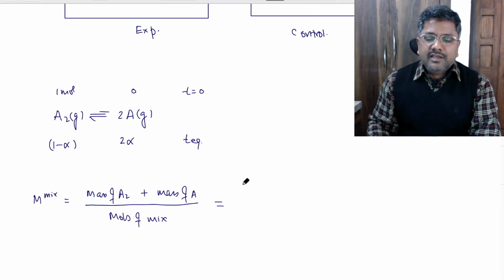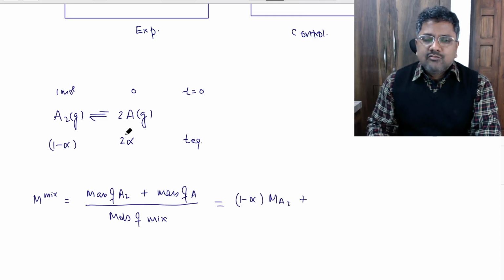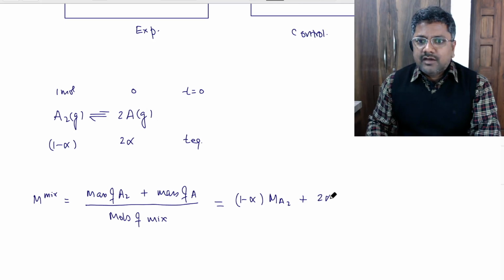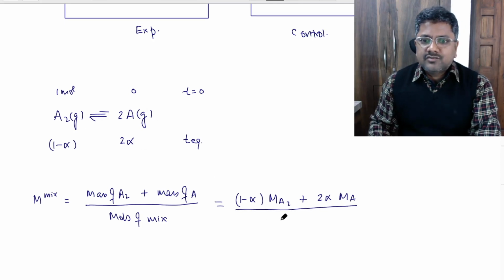So mass of A2 is equal to 1 minus alpha moles into molar mass of A2 plus moles of this, 2 alpha into molar mass of A, divided by total moles 1 minus alpha plus 2 alpha, so 1 plus alpha. Total moles at equilibrium.